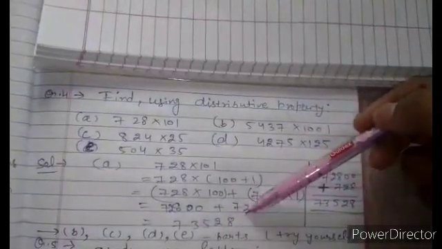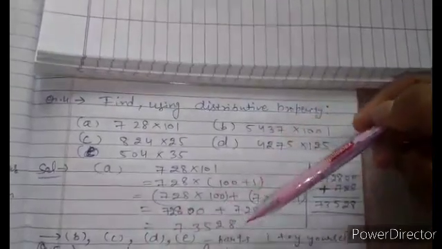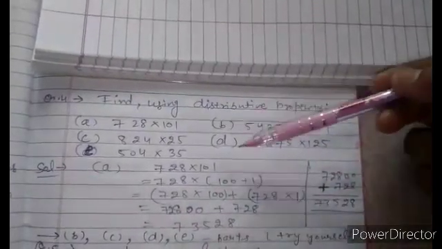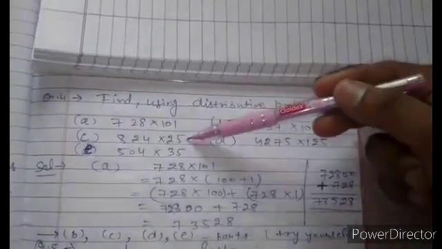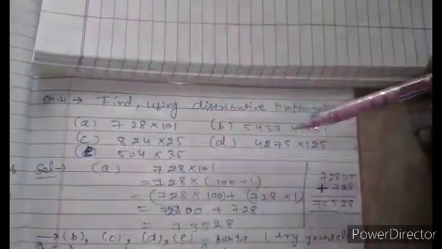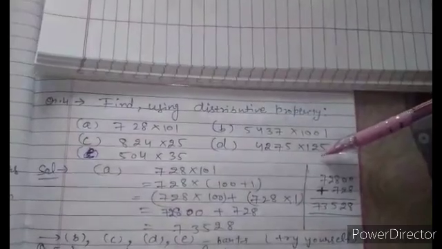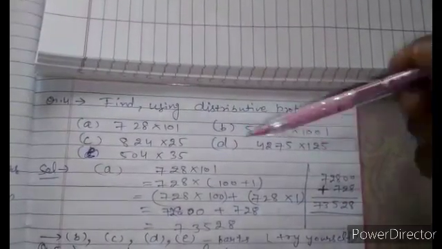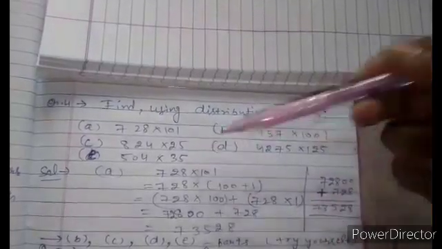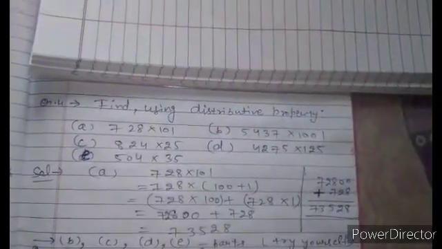So B, C, D, E parts of question number 4 you can try yourself. Here 1001 you can write as 1000 plus 1. 25 you can write as 20 plus 5. 125 you can write as 100 plus 20 plus 5. And 35 you can write as 30 plus 5.